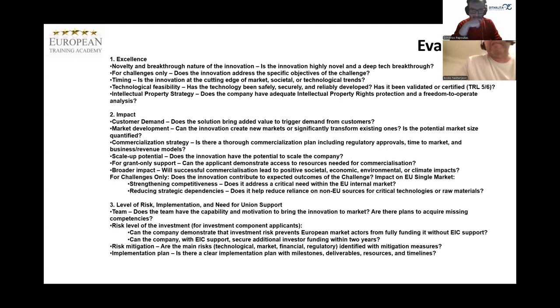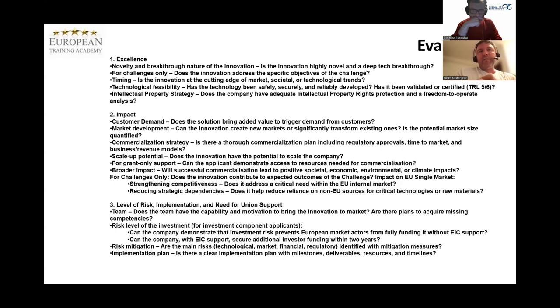Reducing dependency would mean that the whole value chain you had considered, from the suppliers on, is supposed to be as cohesive and compact as possible, so that it's EU self-sufficient. So you don't need to import anything from China or the US and so on. And essentially, when we're looking at the whole business model, from suppliers to the follow-up, it doesn't prevent you from exporting to the US or wherever. Level of risk, implementation, and so on.